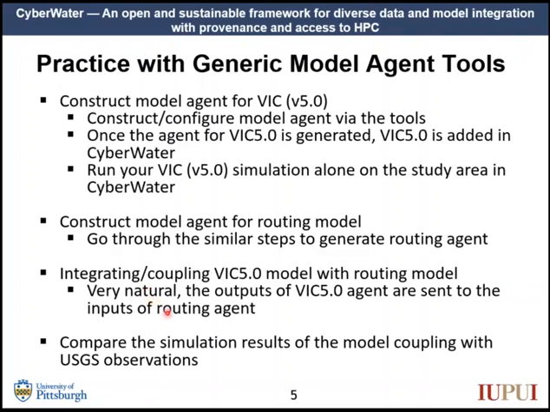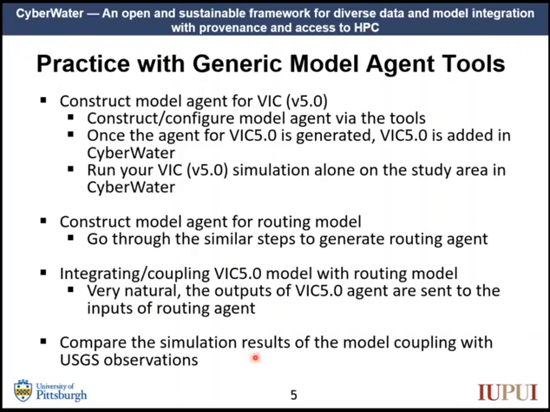And you will see how easy that is. Basically, you just connect the outputs of the Wake 5 agent to the inputs of the routing model agent. That's it. That's the integration.